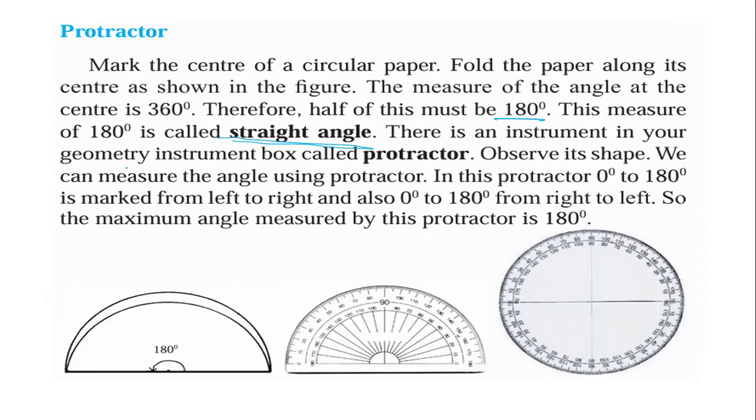There is an instrument in your geometry instrument box called a protractor. Observe its shape. We can measure an angle using a protractor. In this protractor, 0 to 180 degrees is marked from left to right. Next, also 0 to 180 degrees from right to left.